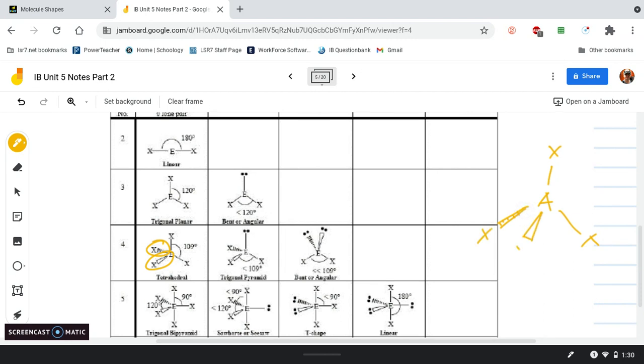So if you have these dashes or this wedge, those are things that are not in the plane. They're not flat. They're either coming towards you or going away from you.